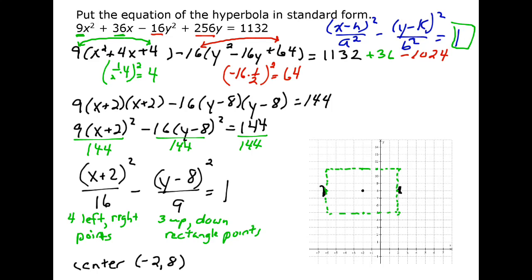So we have a rectangle drawn through those 4 points, and now we can go ahead and draw asymptotes by extending the diagonals of the rectangle. So we can go ahead and draw the graph of the hyperbola approaching those asymptotes.